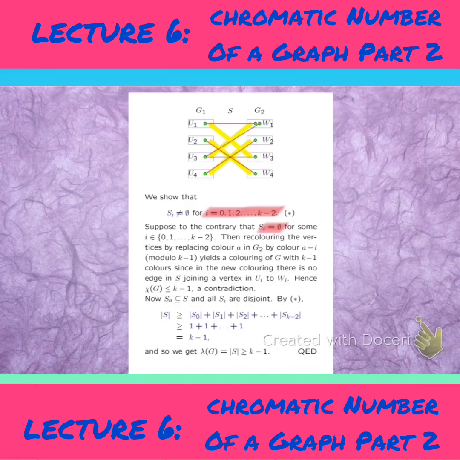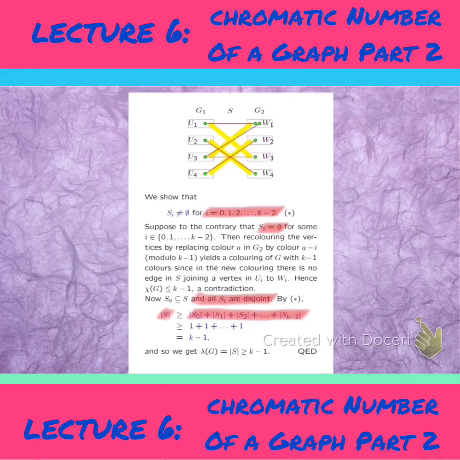Now, it is obvious that all these Si's are disjoint because of the way that these indices are chosen, right? Because these Si's only possibly partially count the cardinality of S, it means that S is at least the sum of these respective cardinalities.